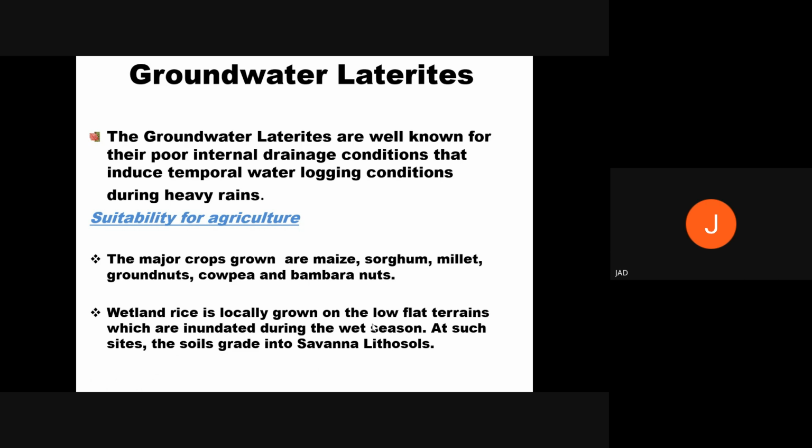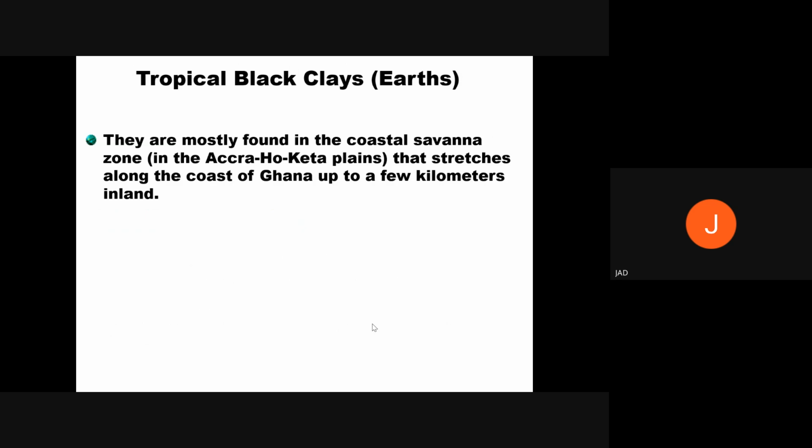If you go to the western region where you have wetlands, more or less valleys, you see them growing our local rice because that environment is able to support the local rice type.